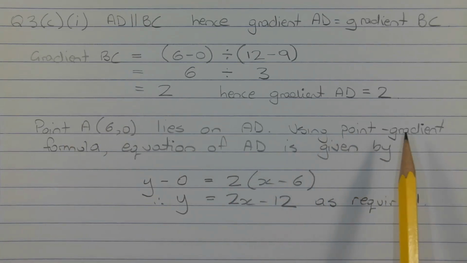Using the point-gradient formula, y minus y1 is equal to m times (x minus x1), we get y minus 0 is equal to 2 times (x minus 6). Expanding the brackets on the right-hand side, we get y is equal to 2x minus 12 as required.